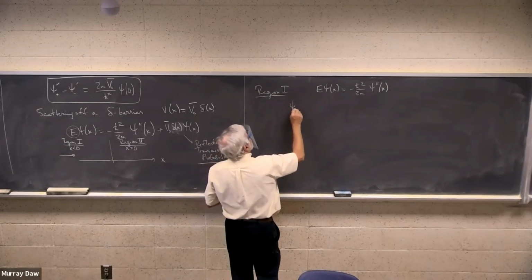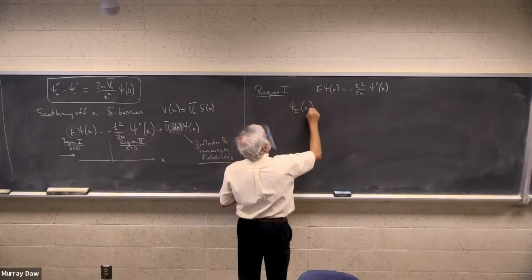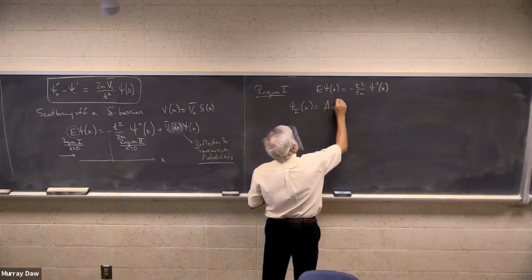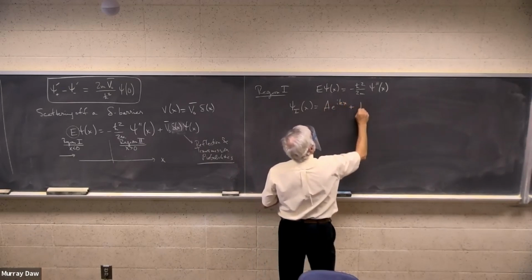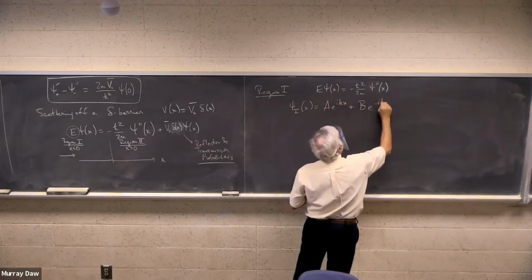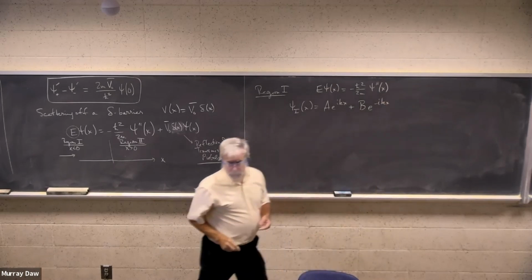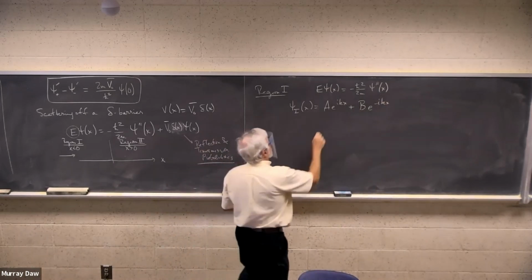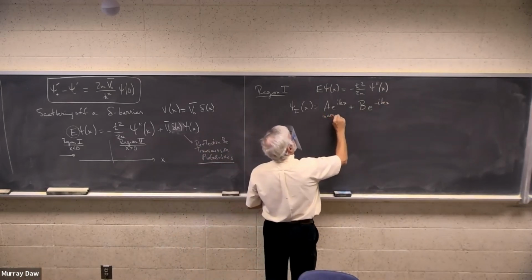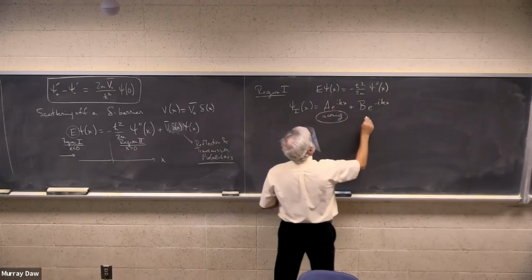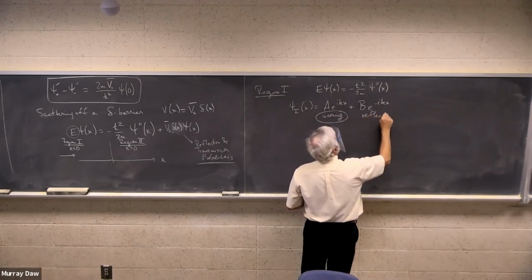Okay, so the wave function in that region is some combination of a piece that's moving to the right. This is the incoming. And this is the reflected wave.